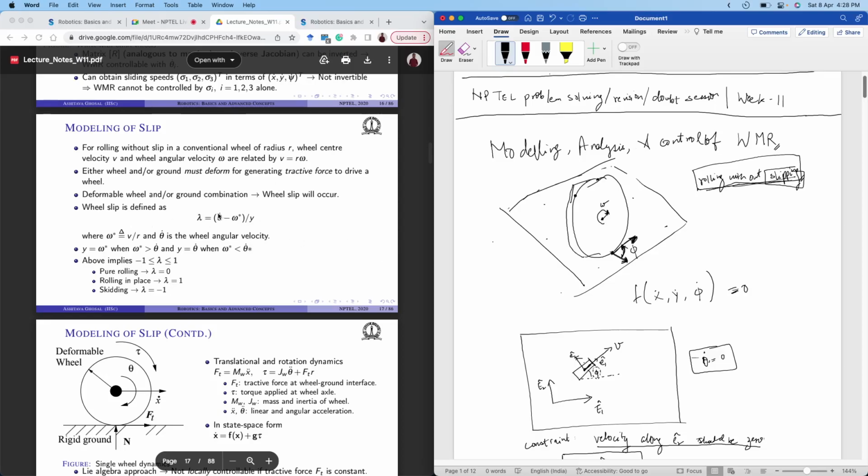Wheel slip is basically the difference between the rotation of the wheel about its own axis and the velocity of the contact point. Or you can say that the net velocity of the contact point is more than the velocity due to the rotation. So if either one of them mismatches, that will lead to wheel slip.